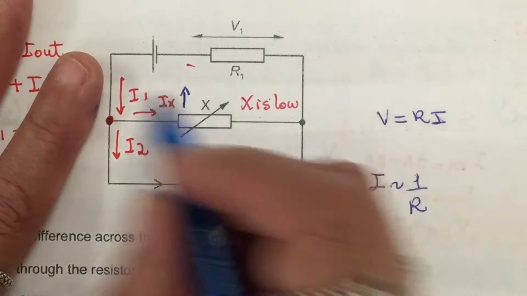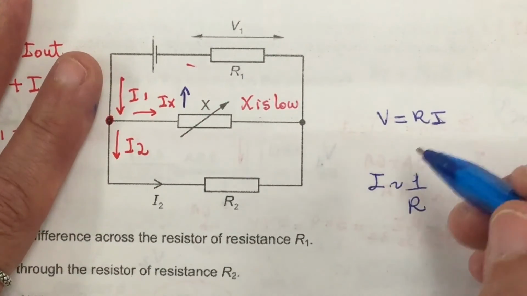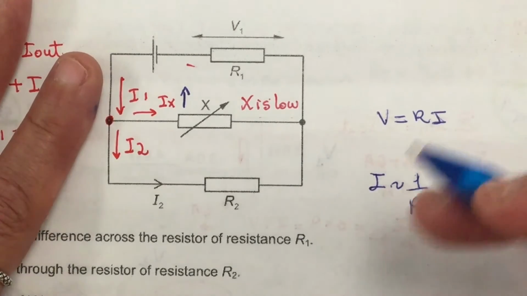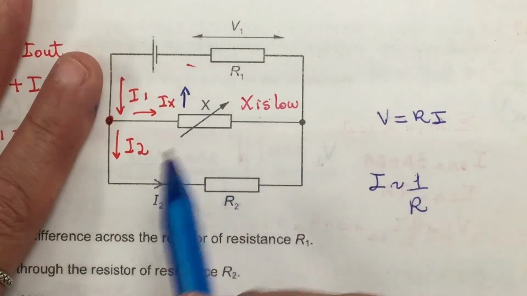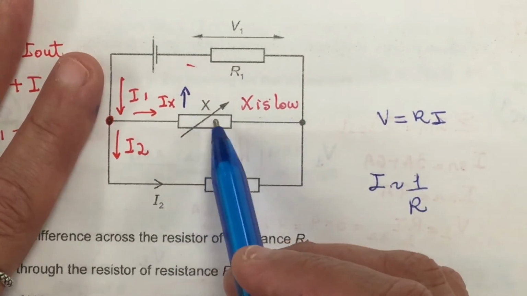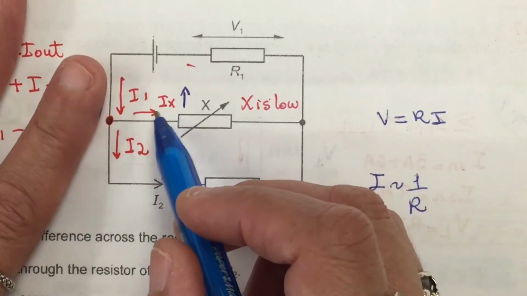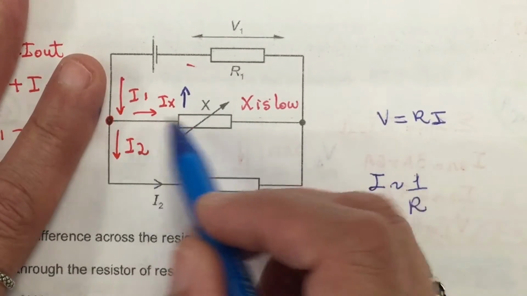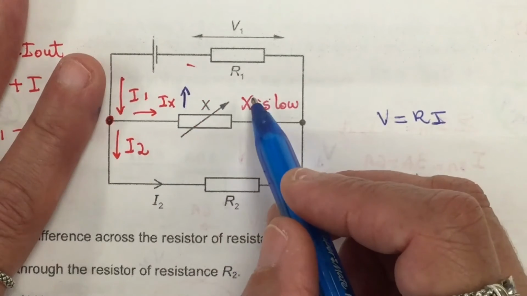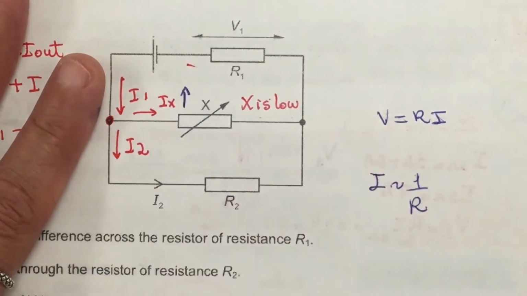So if the voltage source is constant, when you increase one value, the other one needs to decrease with the same proportion. So going back to our analysis, X is low because the problem states that, and the current flowing through this X is going to increase. So the resistance decreases, the current increases.